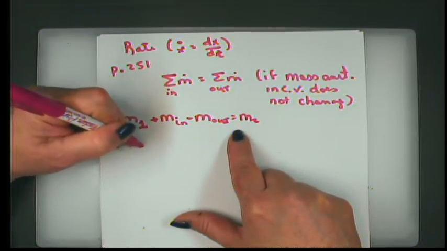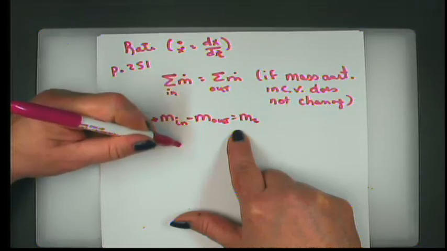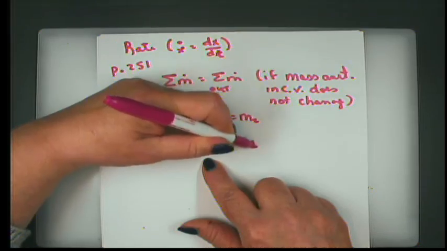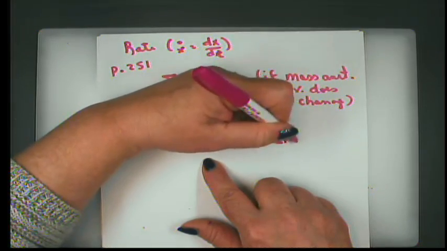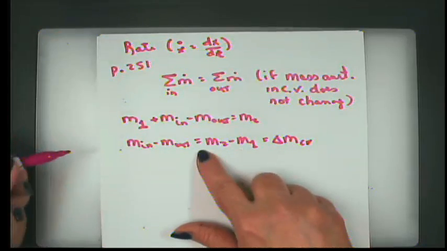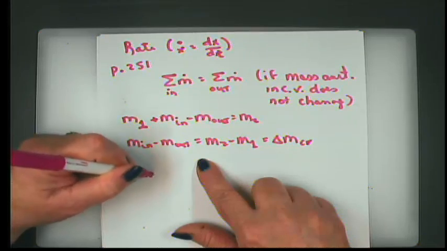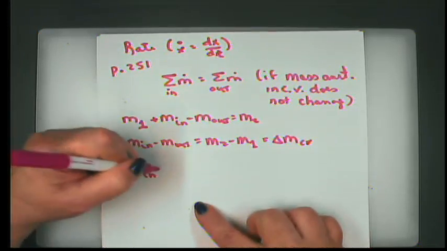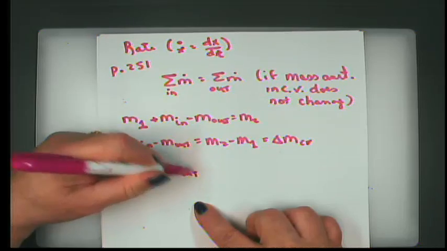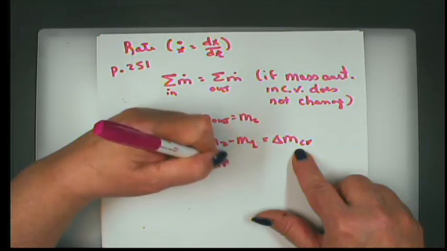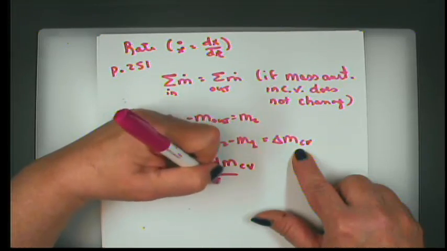If we rewrite this a little bit, we get m2 minus m1, which is, of course, delta m in the control volume. And then if this is differentiable, we can say the flow rates, m dot in minus m dot out, equal the first derivative with respect to time, which becomes dm_cv/dt.